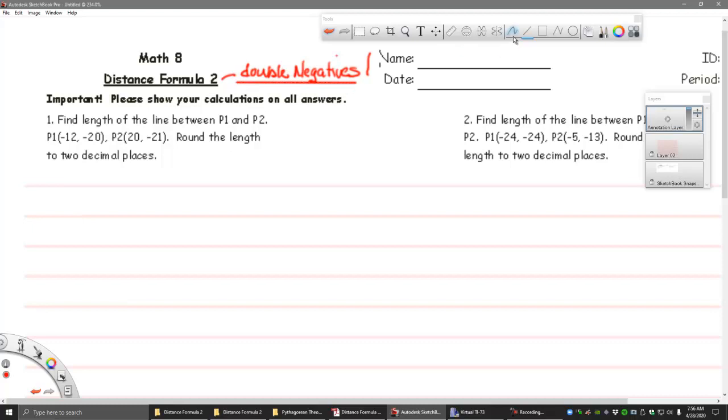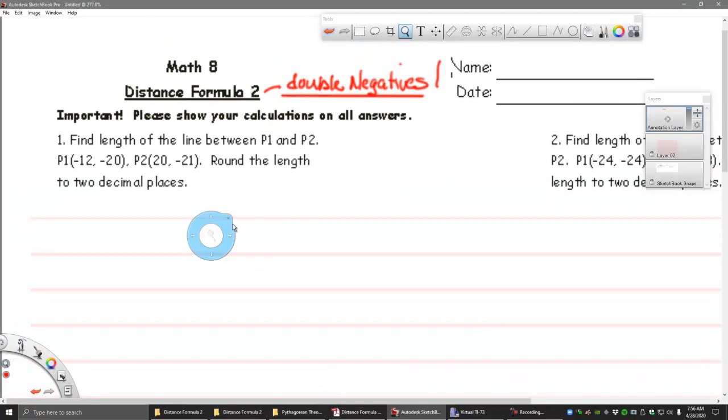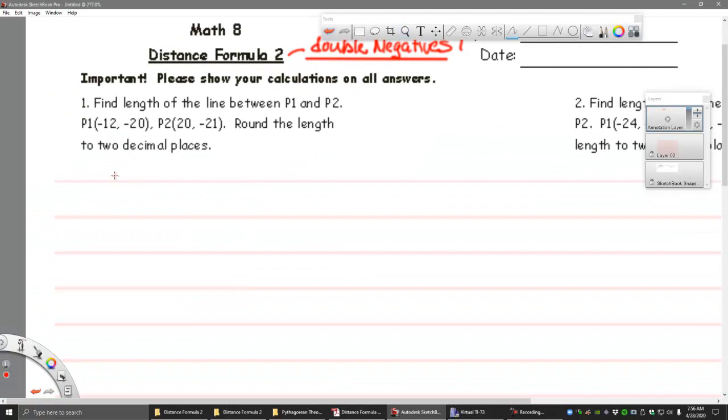Okay, first what we're going to do is review the formula for the distance formula. And let me zoom in just a little bit farther. Okay, so the distance formula says this: we take the x from the second point, P2, we're going to subtract the x from the first point, which is a negative 12, and we're going to square it.